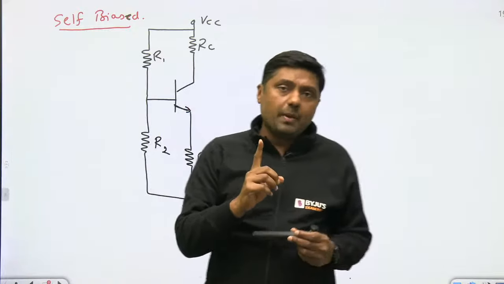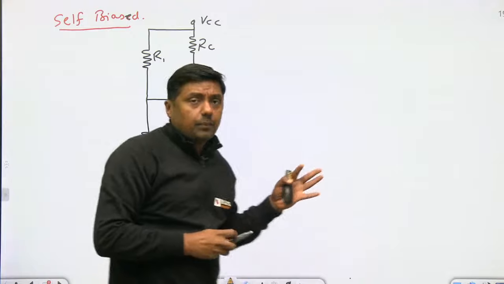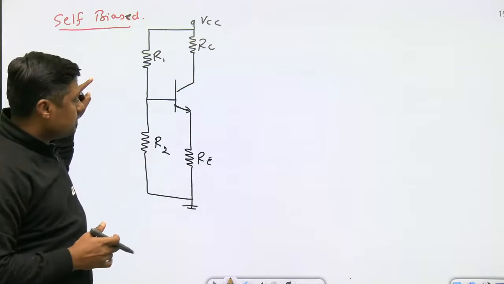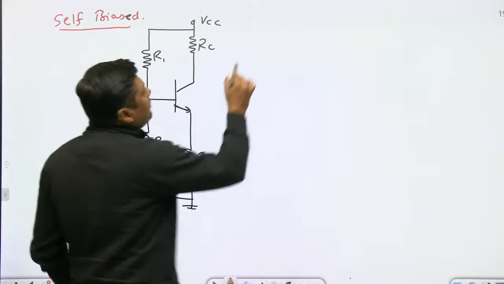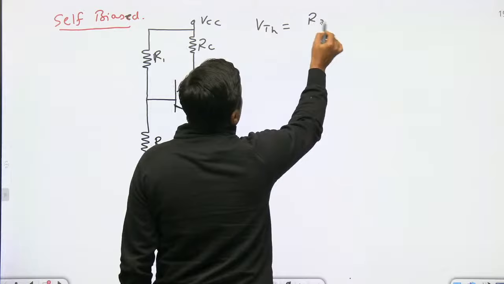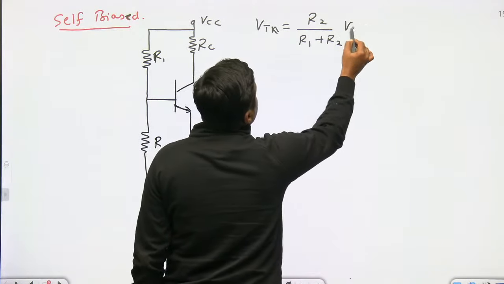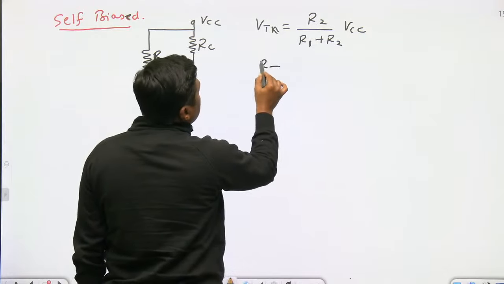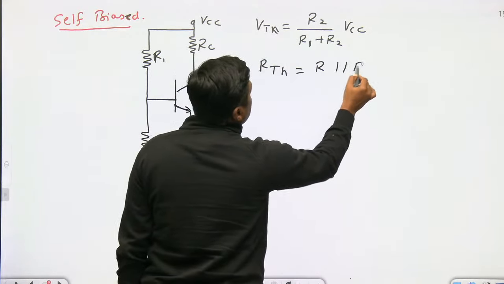One thing always remember in a particular question, read the question carefully. If it is given that beta is very, very large, then no need to calculate RTH, simply calculate VTH. So what is the VTH? R2 by R1 plus R2 into VCC. And what is the RTH? Already we have solved, R1 parallel with R2.